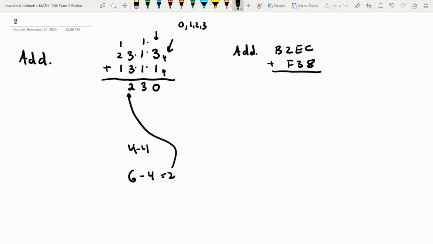And then we carry 1. Finally, we have 1 plus 2 plus 1, which is 4. That's our base value, so we subtract the base value, put a 0 here and carry 1 to the next column, and then we add 1. There you go.